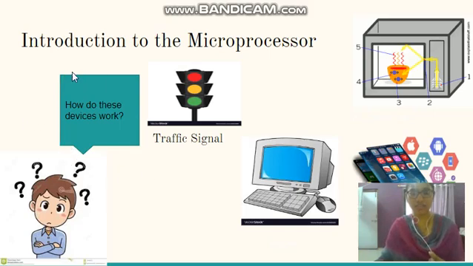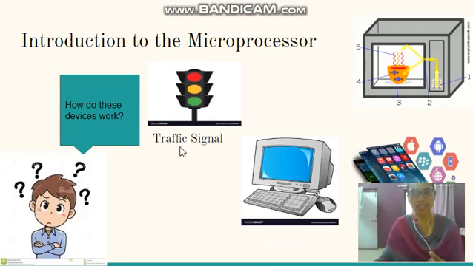Let us first try to understand what is the meaning of microprocessor. So to understand that, let us take the example of very simple things which we see in our day-to-day life. Have a look at a traffic signal or a computer or a mobile phone or an oven.